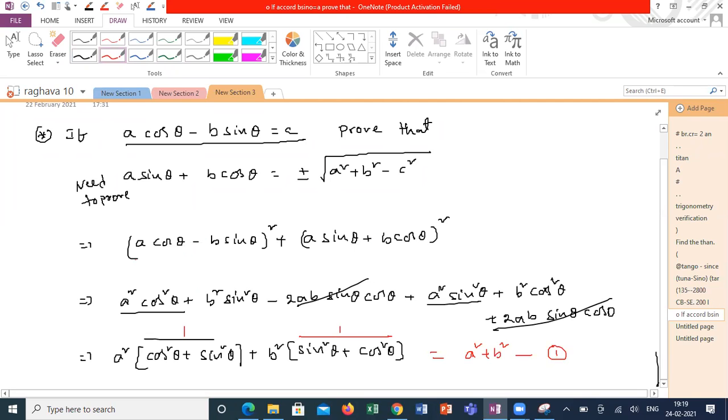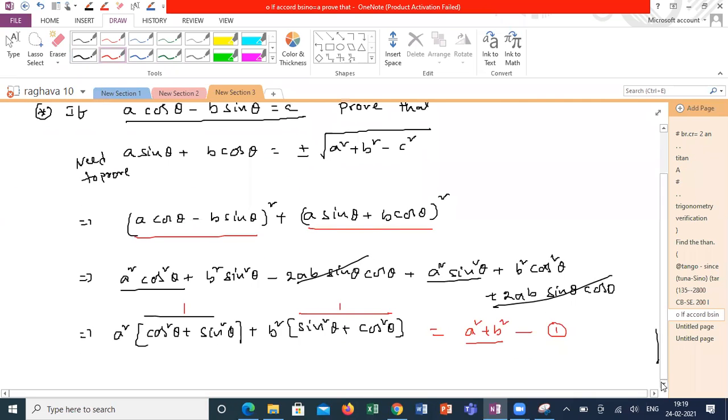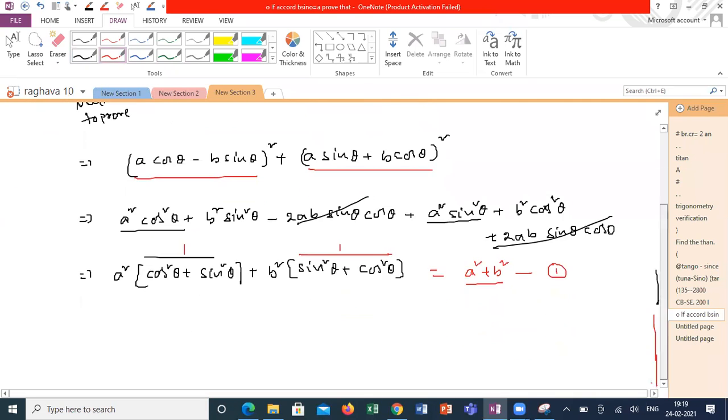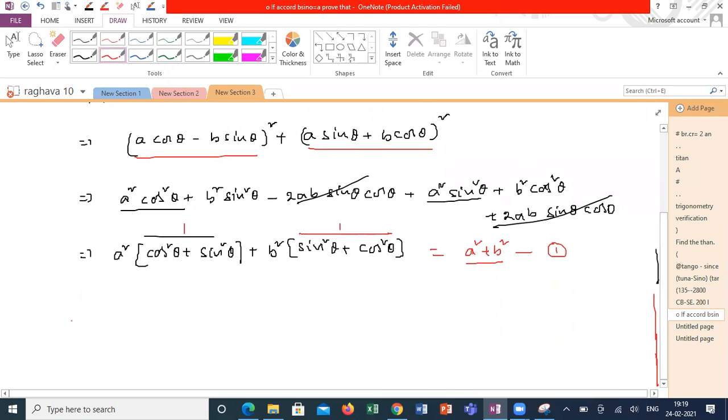So if I'm expanding, I'm getting a square plus b square. If I'm not expanding, I'm taking the same expression, A cos theta minus B sin theta whole square plus A sin theta plus B cos theta whole square.